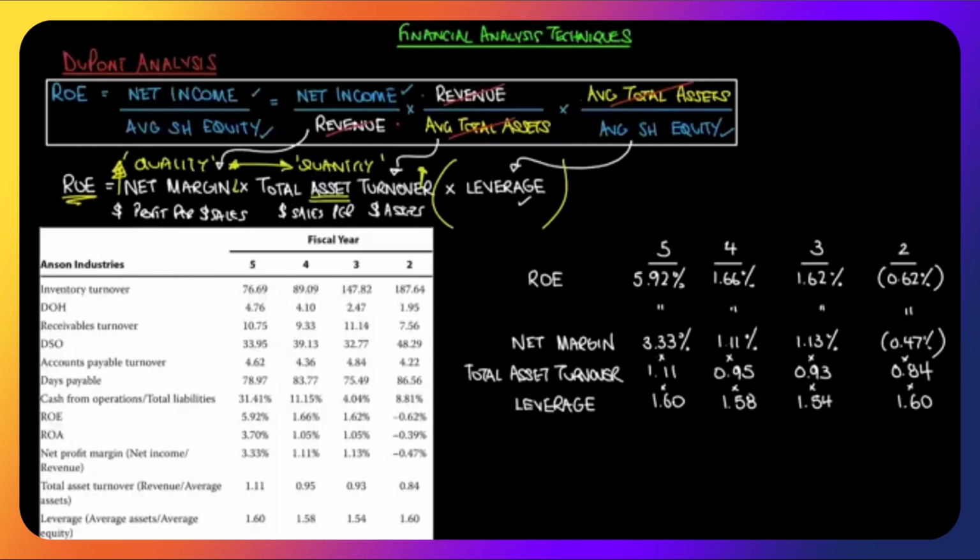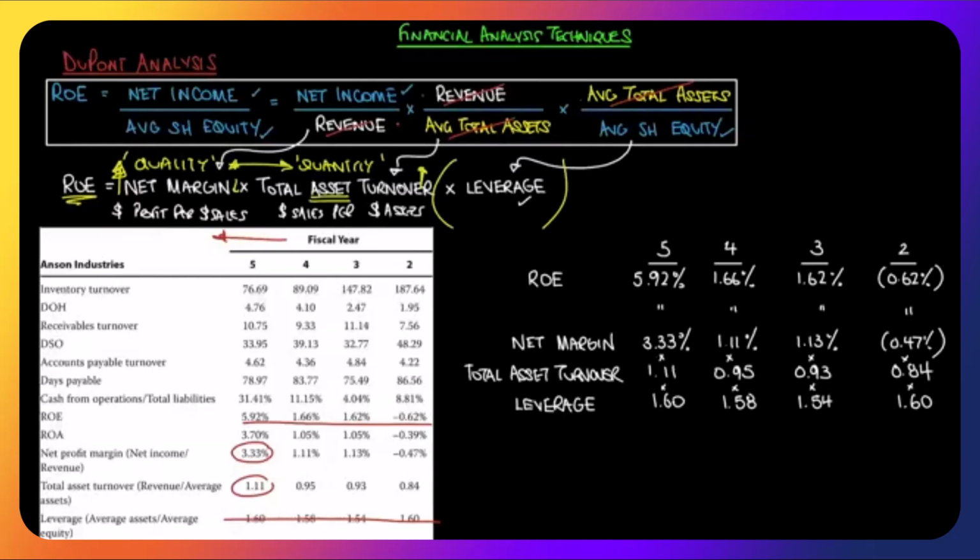Where's it coming from? Or, as we're doing here, rather than cross-sectional, over time. Once again, Anson. Once again, we've got this impressive growth in ROE. We're trying to break down where did it come from. This time, we are going to take net margin, total asset turnover, and leverage. Now, leverage, we've already ruled out from the basic breakdown we did on the last slide.